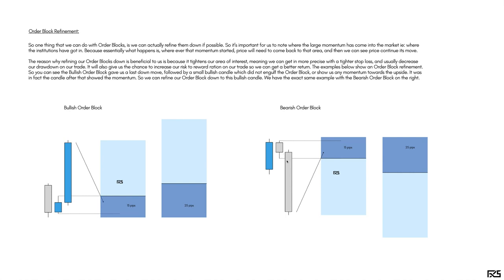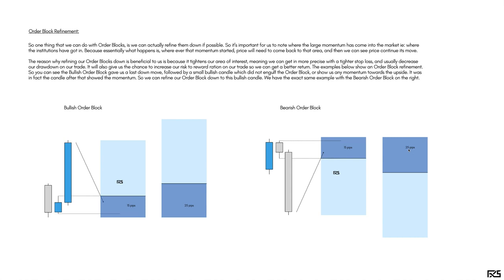As you can see, this is large momentum. So we can refine it down. This is our order block, 15 pip stop loss, which is including the wick. So this is the wick. What we can do is put our stop loss at that wick or just above, giving ourselves a bit of room to breathe, as it's still 15 pips, whereas the original order block is 25 pips, as you can see here.